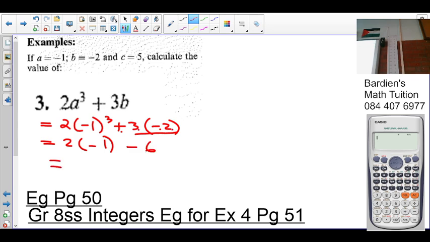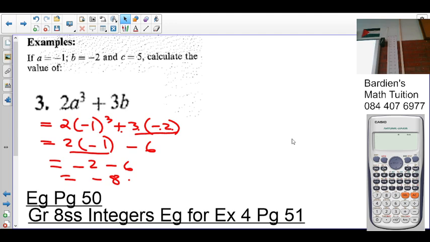So what must be done now? Get rid of the bracket. So positive times negative? Negative 1 times 2? Negative 2 minus 6. So what's negative 2 minus 6? Negative 8. Any confusion there, people? Chrissy? You alright? Good.